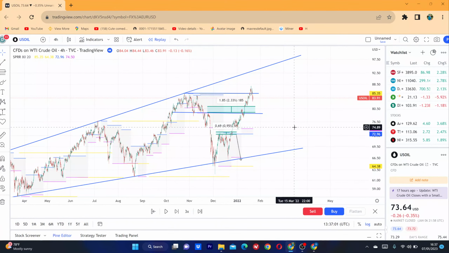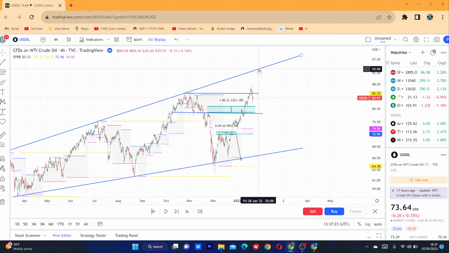And actually, because this is the fourth time, the moment it tries to reverse, the market may reverse in a very crazy way, because that is the fourth touch of the resistance.